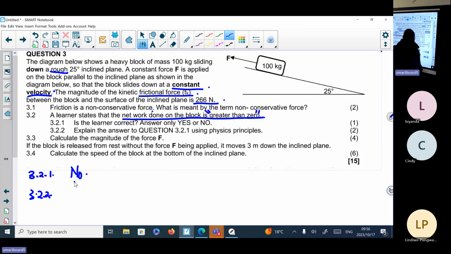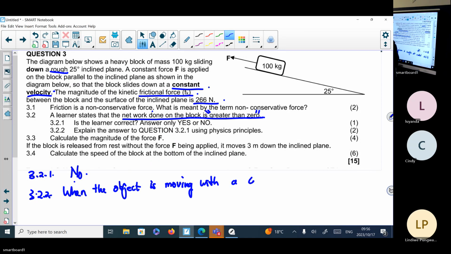When the object is moving with a constant velocity, the net force on such an object will be 0.